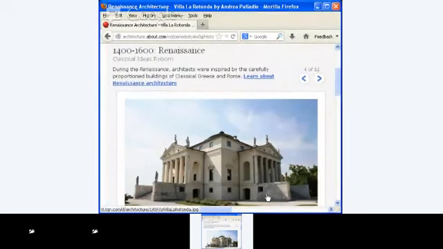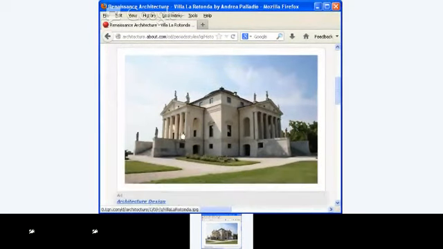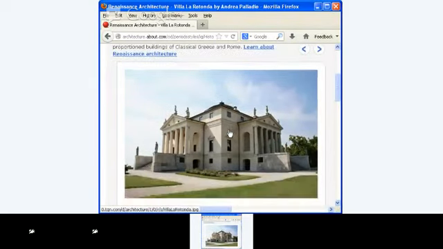This style, notice that again we have the columns and arches, and we've got statues, but we have actual walls here as well. So it's not exactly classic style. What they call this is Renaissance.